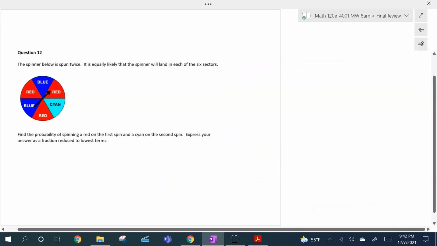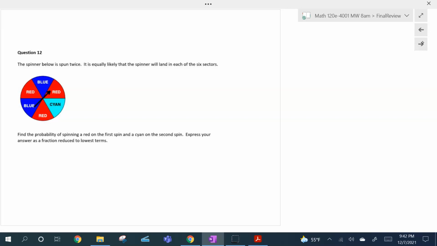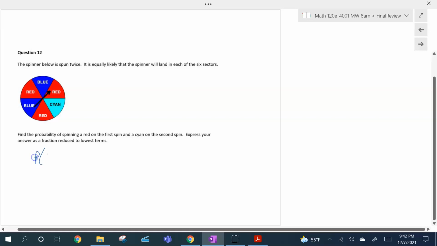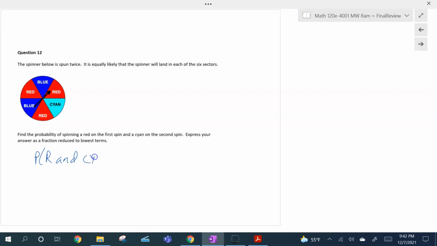All right, number 12 here. The spinner below is spun twice. Find the probability of spinning a red and then, I don't know how you say that, cayenne color. Express your answer as a fraction reduced to lowest terms.